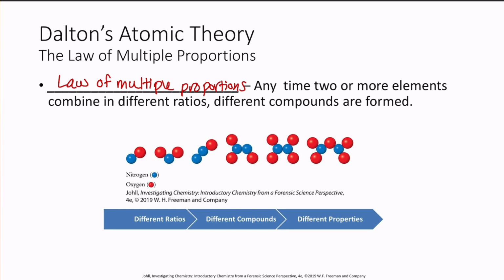Notice that we can have one nitrogen and one oxygen. Well, if we change that and we now have two oxygens with one nitrogen, we change it to a different compound. NO is going to be very different than NO2, which is also going to be different than N2O. They're all going to have different chemical properties and physical properties.